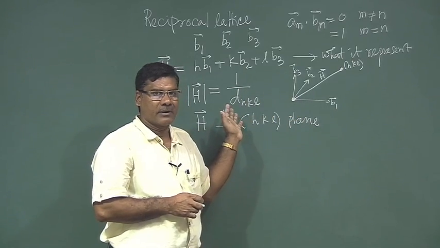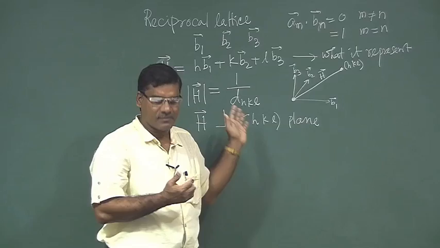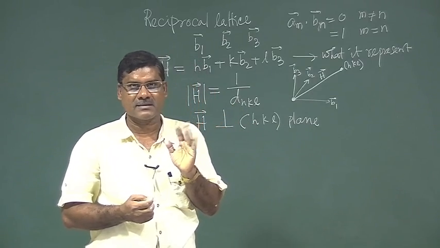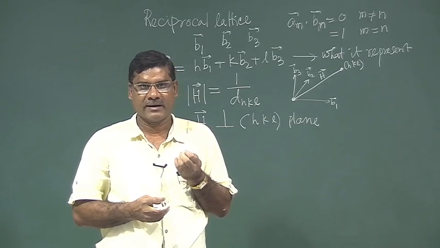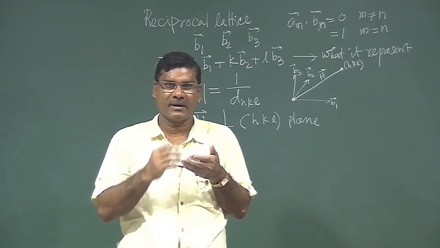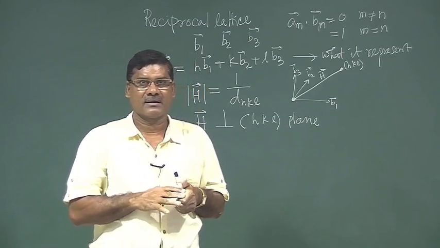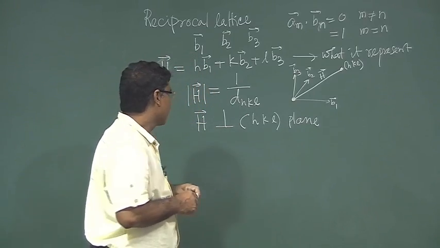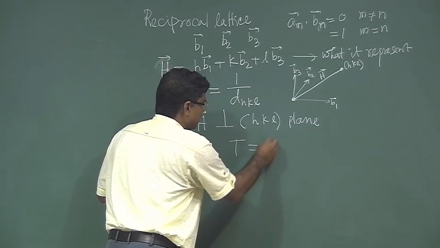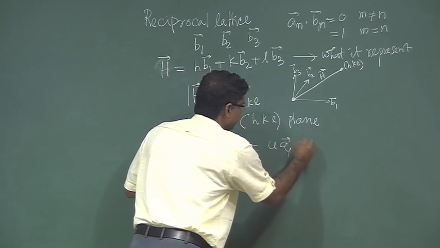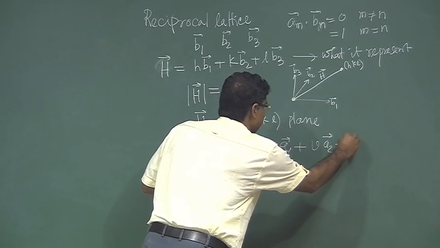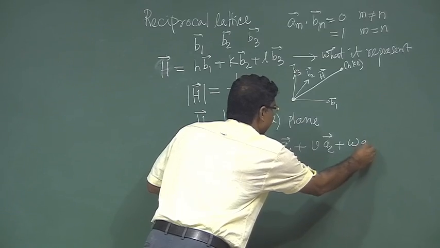In terms of lattice planes, as I mentioned, orientation etc. is slightly difficult, but it will be easier if I can explain things just using coordinates, like the translation vector, as I mentioned, u A1 plus v A2 plus w A3.